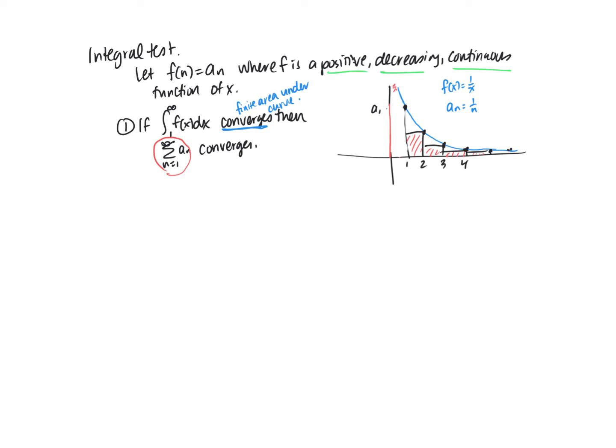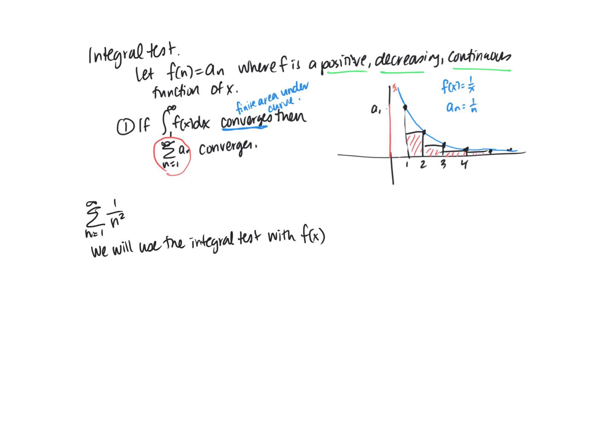So let's take a look at this infinite sum here. Say I look at the sum of 1 over n squared. What would the corresponding function be? We're going to use the integral test, with f of x being what?